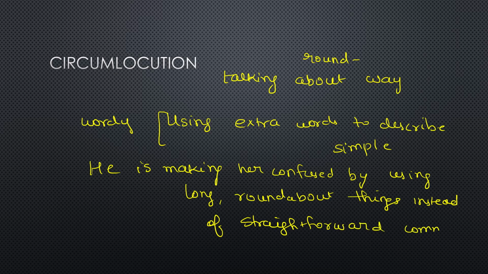Can you see here? The writer could have easily mentioned that he is confused by her because of a lack of straightforward commands, but it is like long roundabout things. So using extra words to simply define things, okay? That is circumlocution.